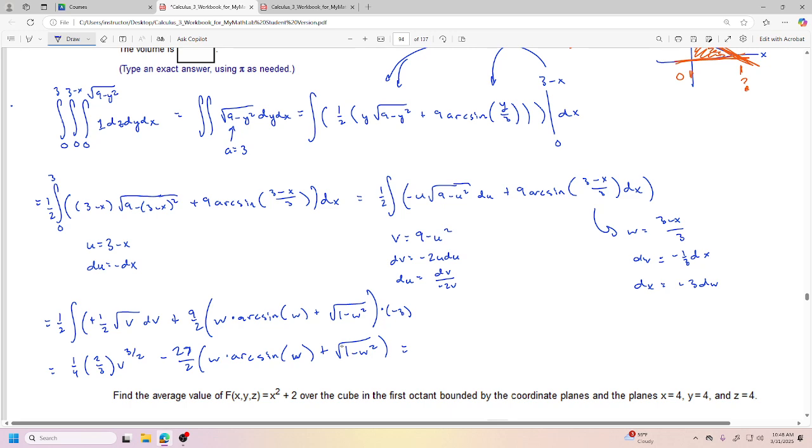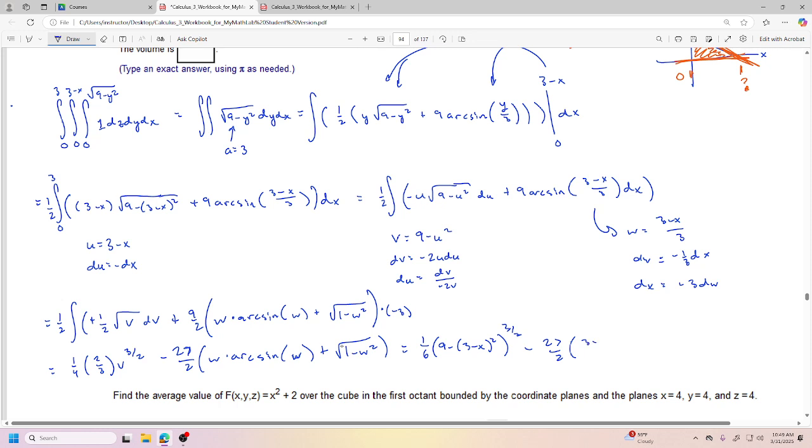Desmos. Okay, 9 minus 3 minus x squared, and then this is all to the 3/2. All of this is going to cancel. Just watch, it's going to be like 2. 27 over 2.